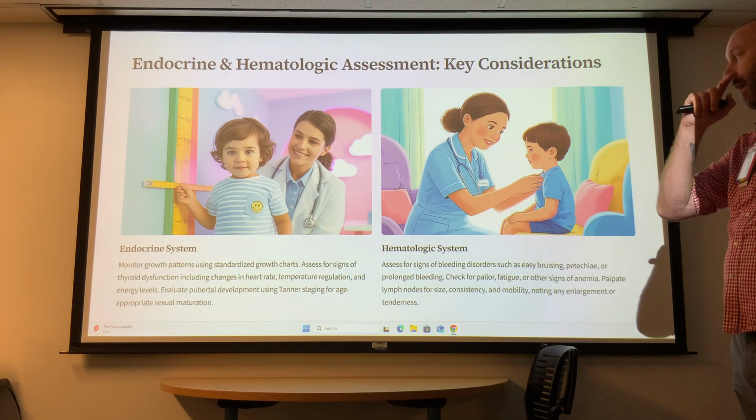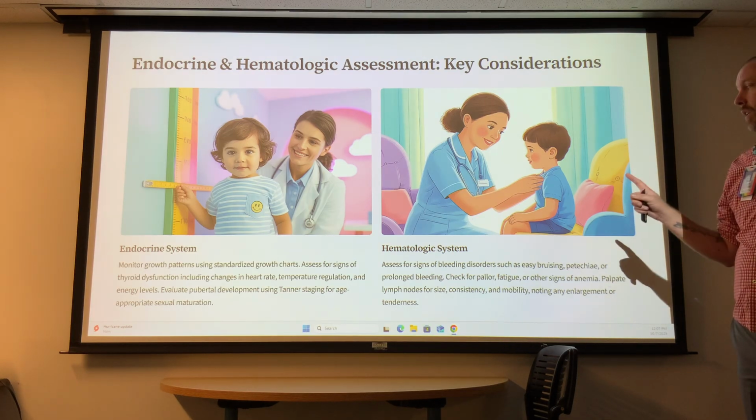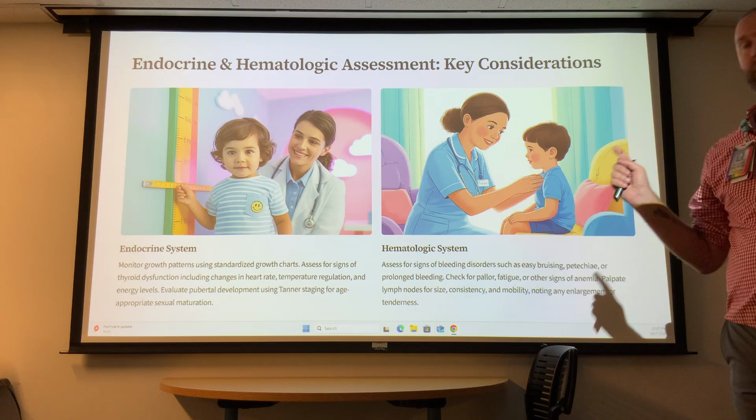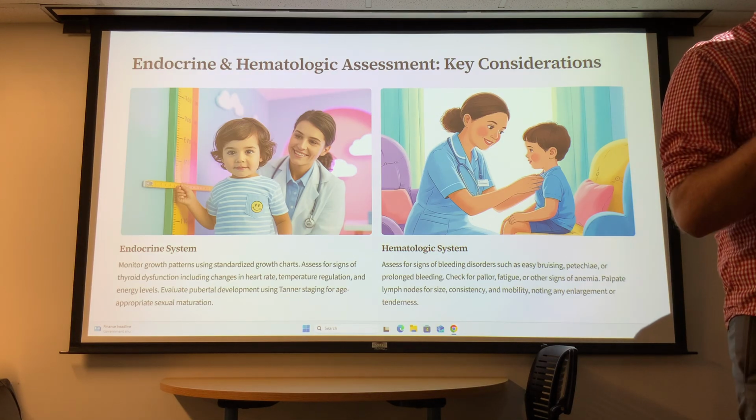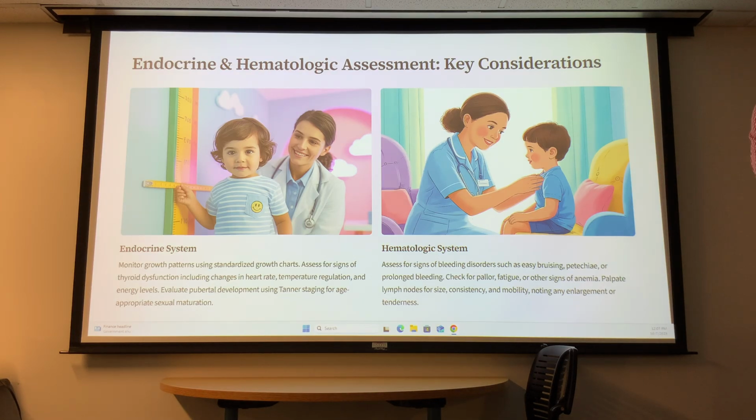This is also where we'll evaluate the pubertal development using the Tanner staging of age-appropriate sexual maturation. Have you guys heard of Tanner at all? In the case study we'll do at the end of class, it does mention it, so you can use your resources to look it up. Essentially, it goes from 0 to 5. 0 is what they look like at birth: smooth, no hair, no breast development.